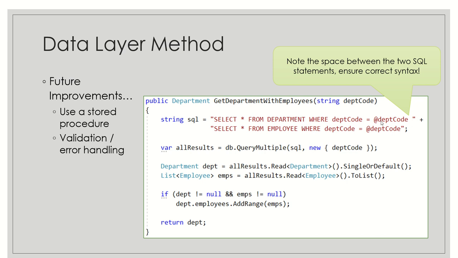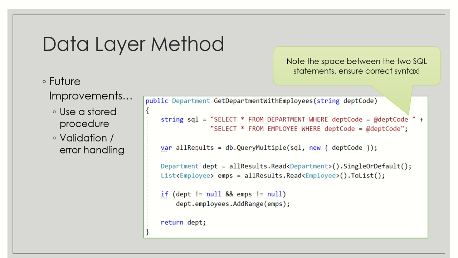There's a space right here between the end of department code and the start of the select query. And if there's not a space there, then when you send this over to the database as the query text, it looks like your variable is called @deptCodeSelect. It sticks them right together. So it's important to remember your spacing there, that we have sending this as two separate queries.